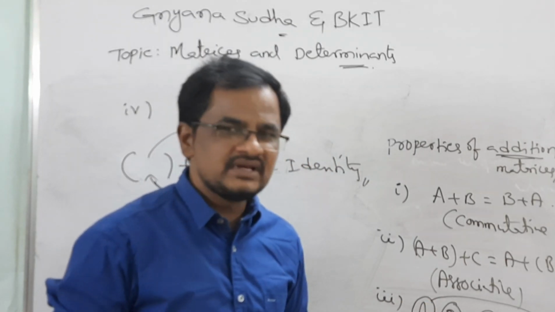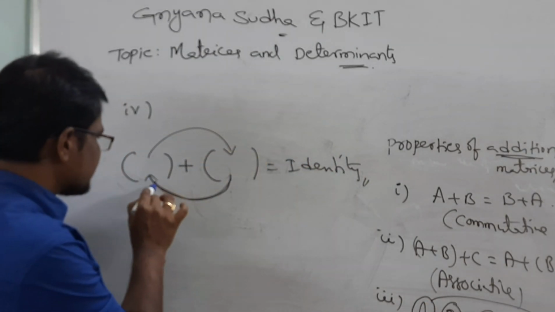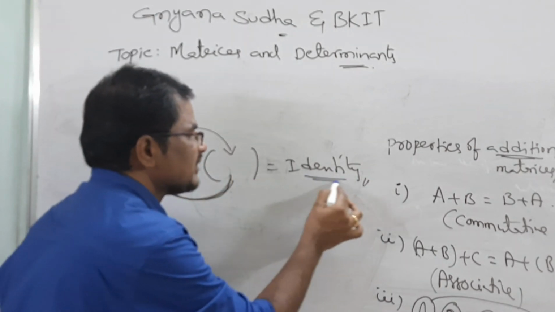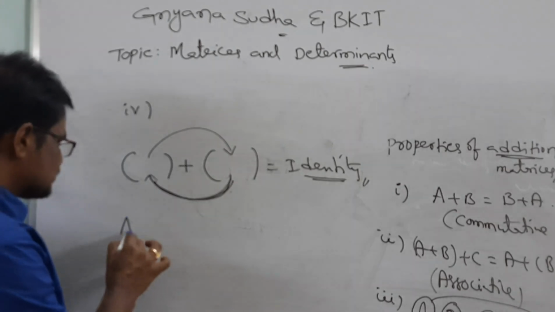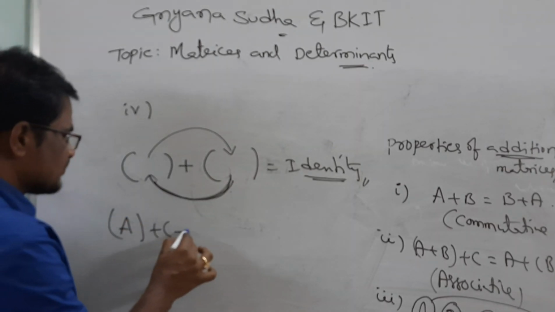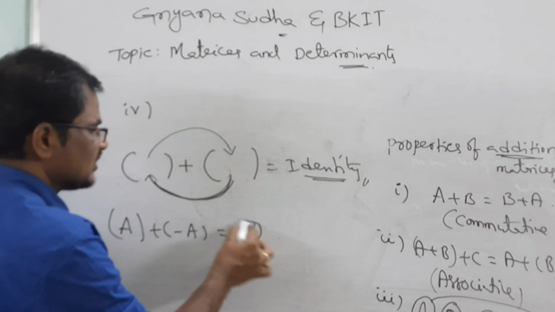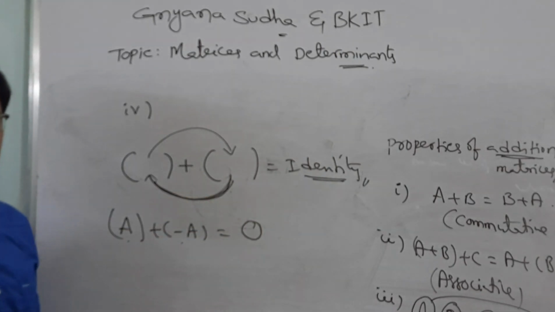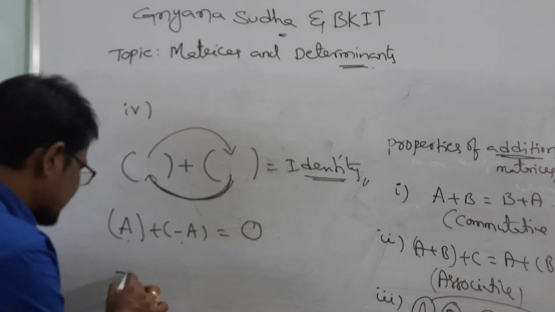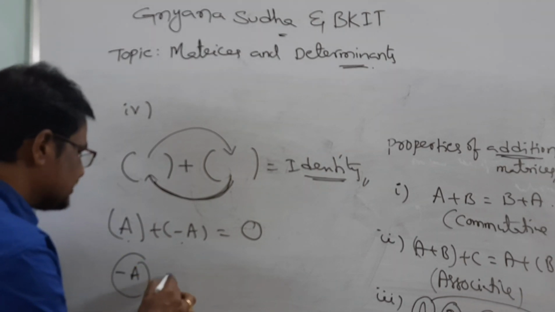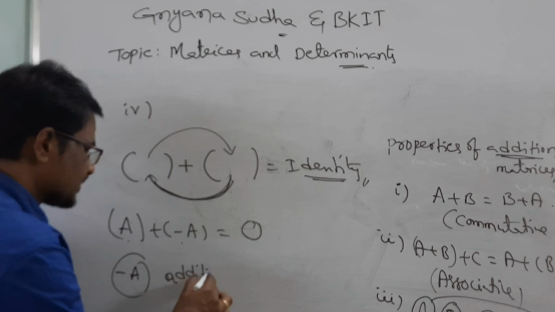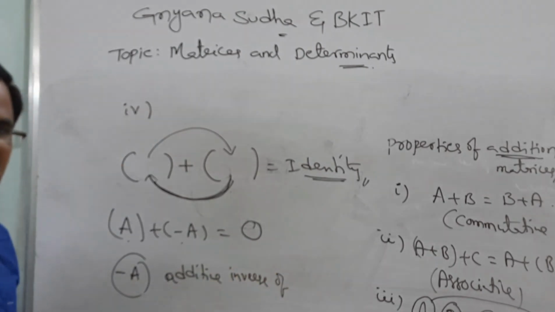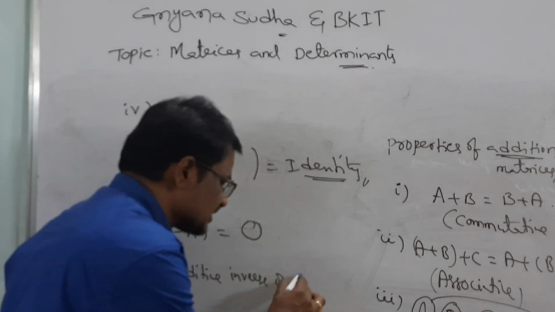So A plus minus A equals the null matrix. If you add these two, you will get 0. That's why minus A is the additive inverse of A. Remember, minus A is the additive inverse of A.